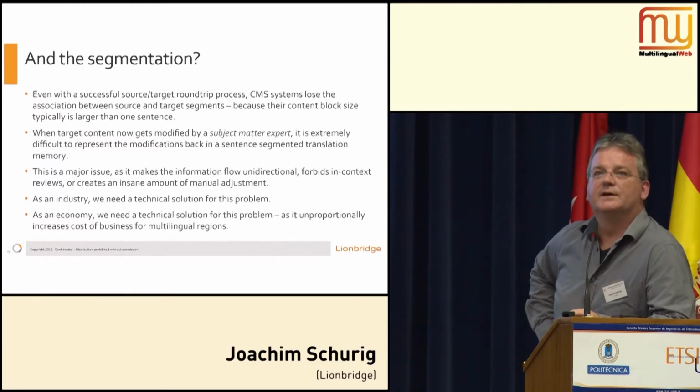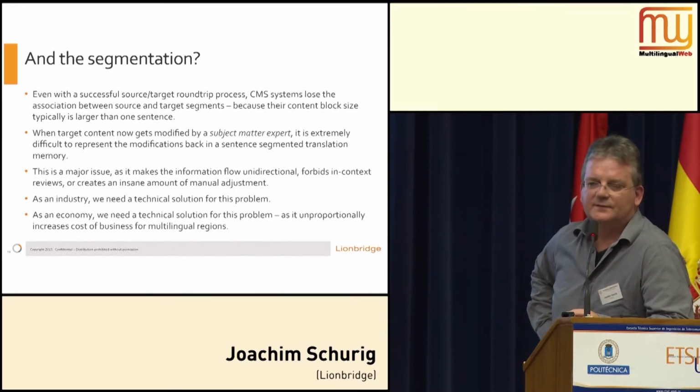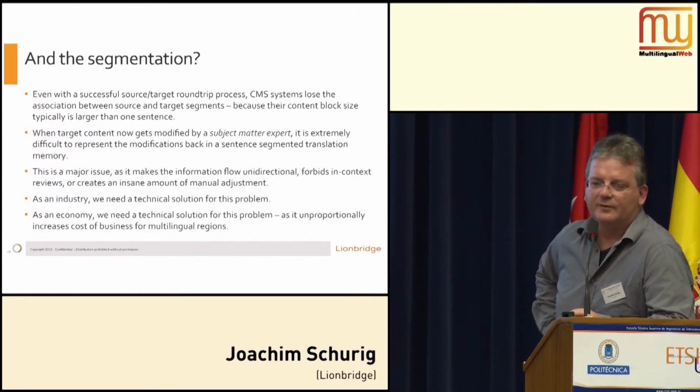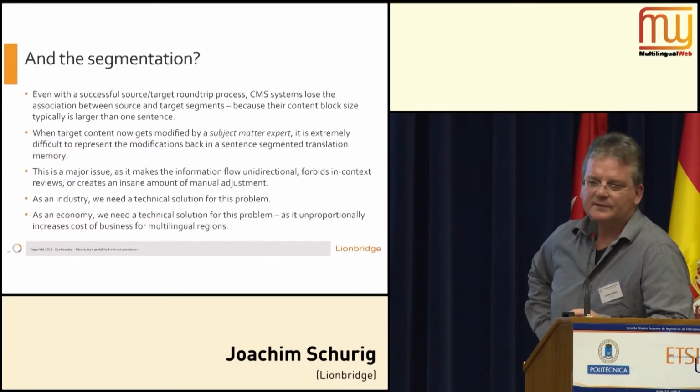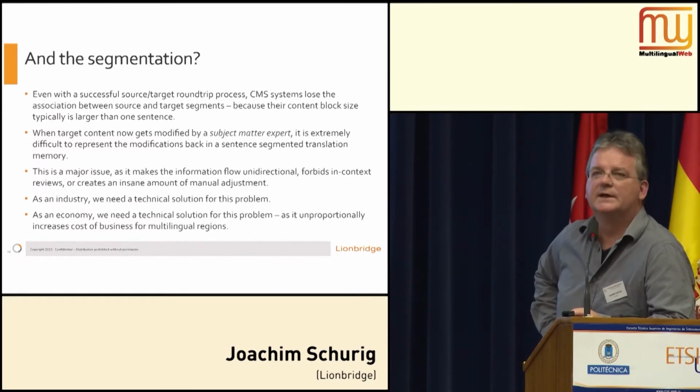We lose the segmentation, unfortunately, which we apply when we read and filter those XML files, when we deliver the translated files back to the CMS systems, because the CMS systems maintain or administrate files in larger blocks than sentences typically. They have paragraphs or even larger blocks.